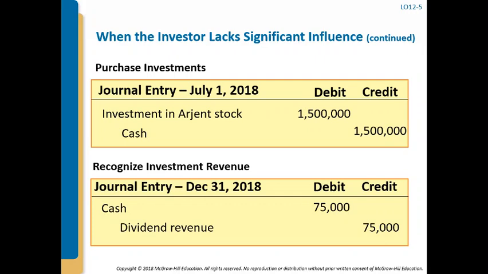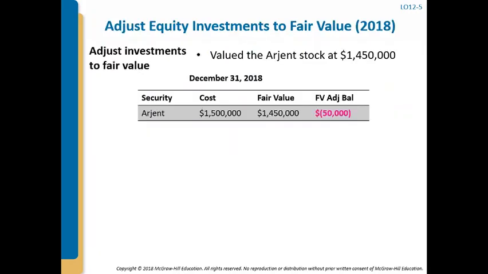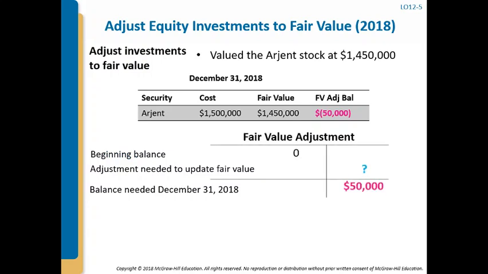As far as the equity investment adjustment we have to make to fair value, we've got to make a fair value adjustment down to $1,450,000. So that's going to be an adjustment in the balance of $50,000.